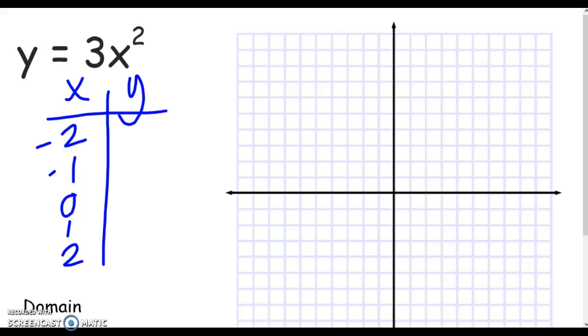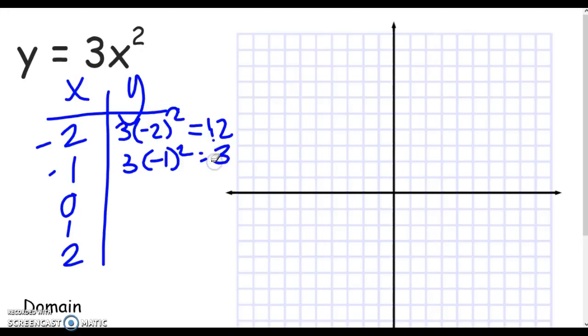What's next is for me just to plug everything in. So I have 3 times -2 squared. I need to square my -2 before I multiply by 3. So I do -2 squared, which would be 4, times 3 equals 12. Next I do 3 times -1 squared. That would give me -1 squared, which is 1, times 3 is 3.